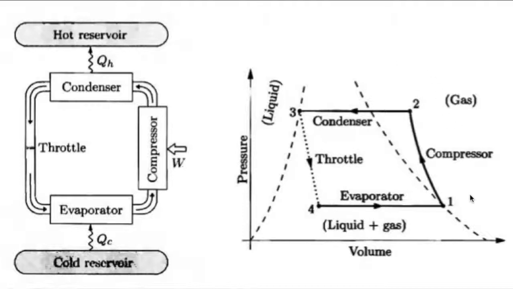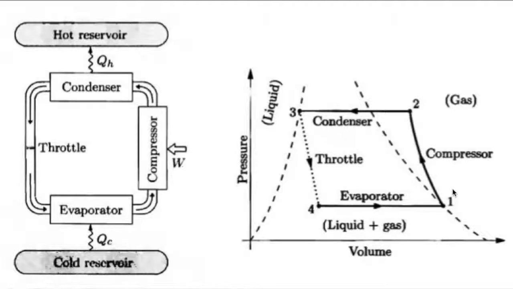Alright, so we're going to start by going over some of the key aspects about the PV diagram that we have here on the screen. Specifically, I'm going to take us through each point along the PV diagram and discuss what happens to our refrigerant at each of these places. So, to start off, at step 1, down here, we're dealing with a refrigerant that's a gas because it's on this dashed line indicating that it's within the gaseous region.